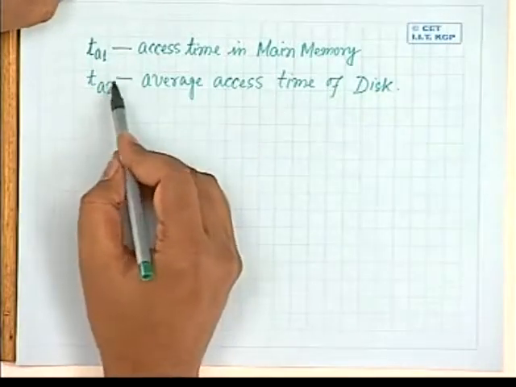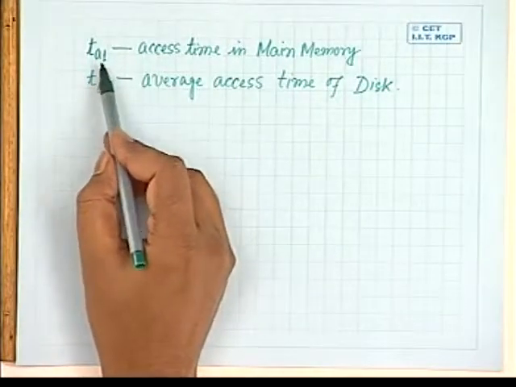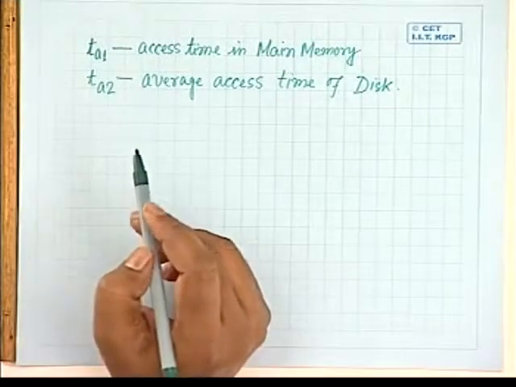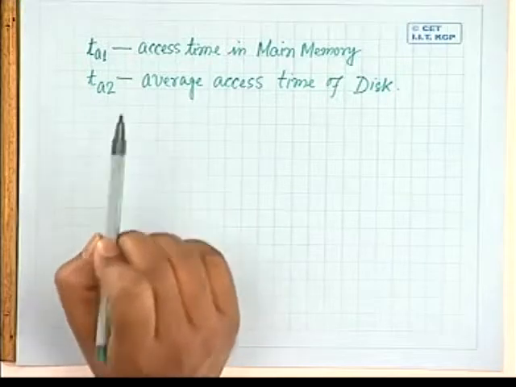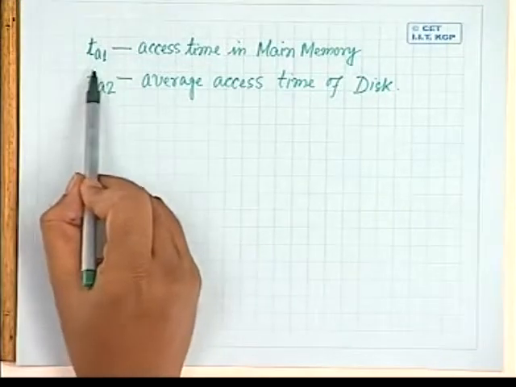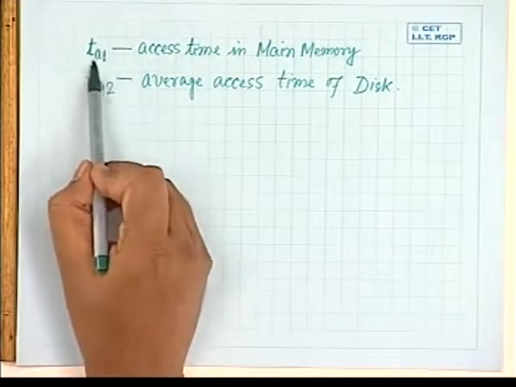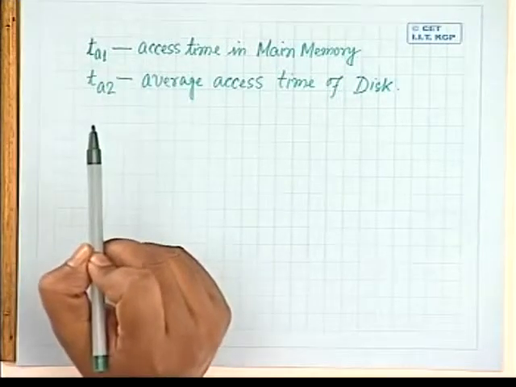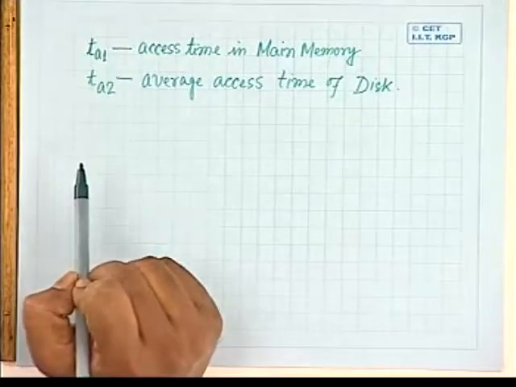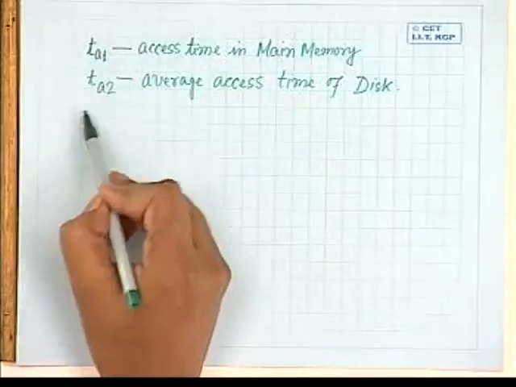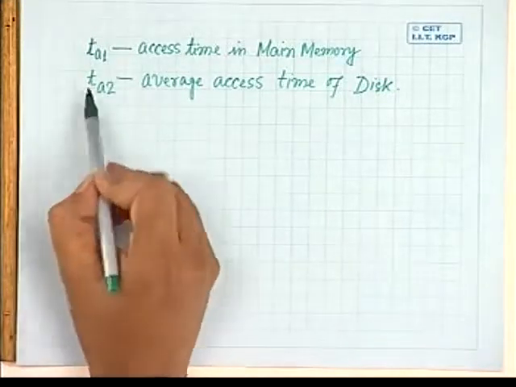Okay, and typically TA2 is much larger than TA1. So whenever I have a hit, in that case the data or instruction that is requested will be available within TA1 amount of time. Whenever there is a miss, in that case the data or instruction will be available within an average time of TA2. So maximum time will be greater than TA2, the minimum time will be less than TA2.